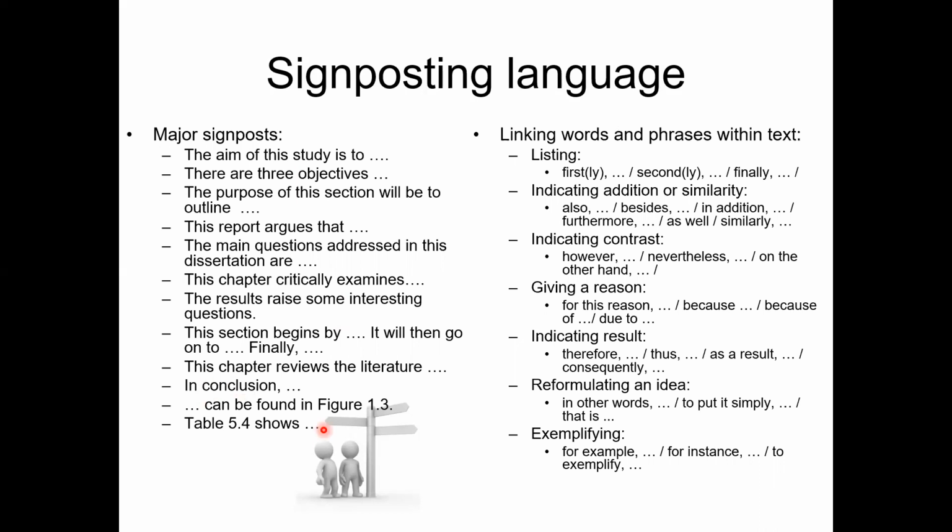Now, we also, as I said, use linking words and phrases, and they can be listing, so first, second, or third, or indicating addition and similarity, indicating contrast, giving reasons, indicating results, reformulating an idea, or exemplifying. And we're going to go on to some examples just now, using these signposting language.